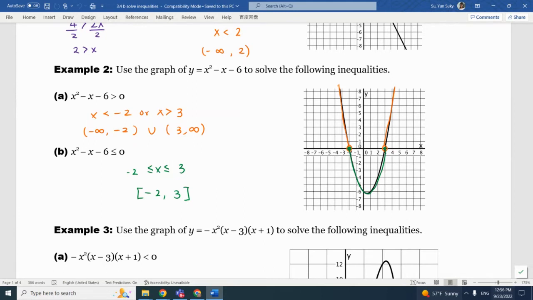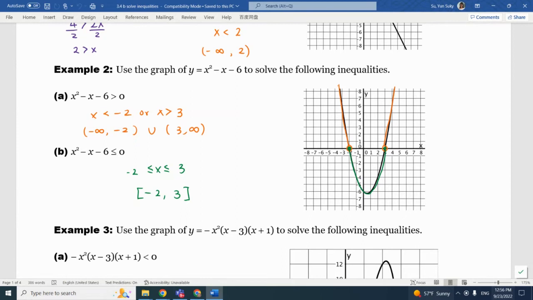So below the x-axis, y less than 0, that's this green piece. And we include the endpoints because of this equal sign. Yes, everybody? So this is from negative 2, brackets because we want to include the endpoints, to 3, brackets because we want to include the endpoints.